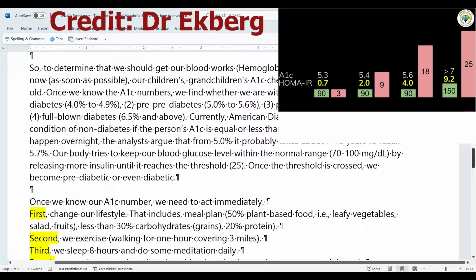Our body tries to keep our blood glucose level within the normal range, 70 mg per deciliter to 200 mg per deciliter, by releasing more insulin until it reaches the threshold. Once the threshold is crossed, we become pre-diabetic or even diabetic.